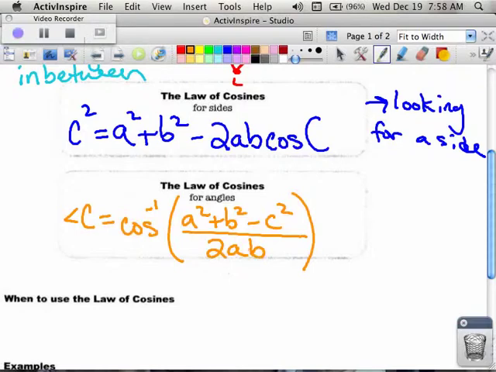Now when I do my problems with you in my examples, I don't really have this orange equation memorized. What I do is I only work with the blue equation, and in the context of my problem, I rearrange it to solve the problem.